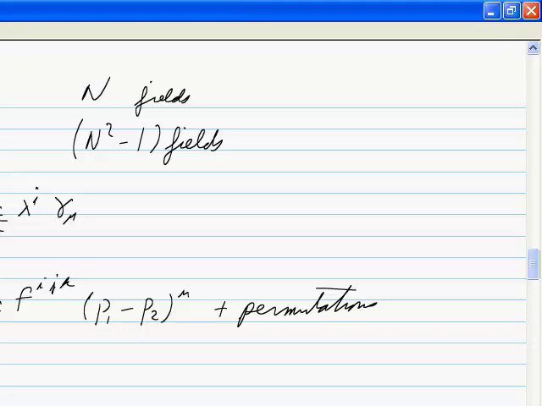Okay, so there's something that looks like that. It involves one derivative, one f^{ijk} symbol, derivatives turn into momenta, and I've got it right, except I haven't told you which one is p1, which is p2, mu, and just the counting factor. You can look this up in our book, for example.